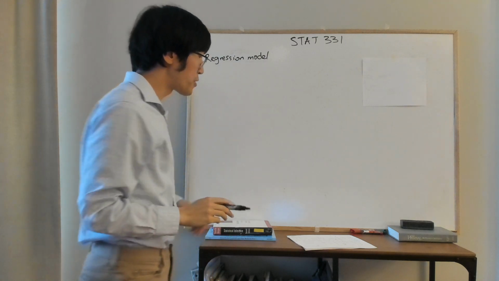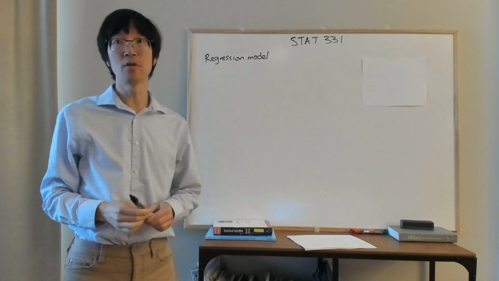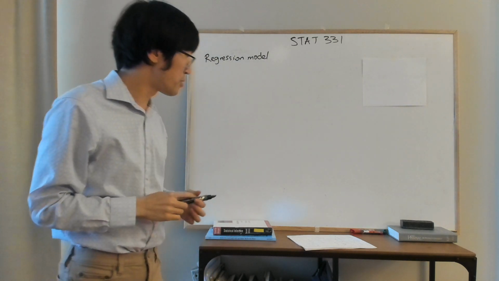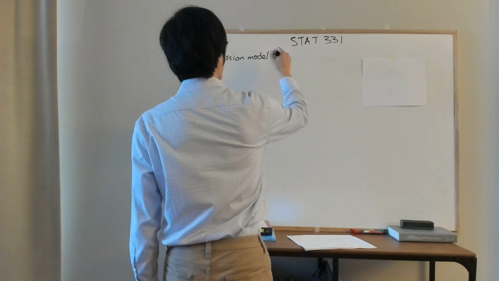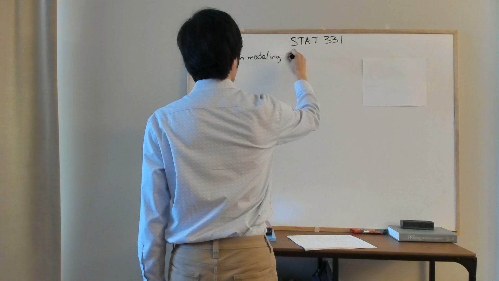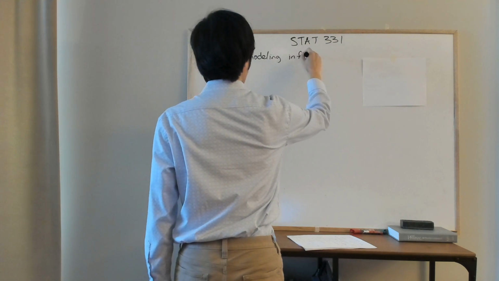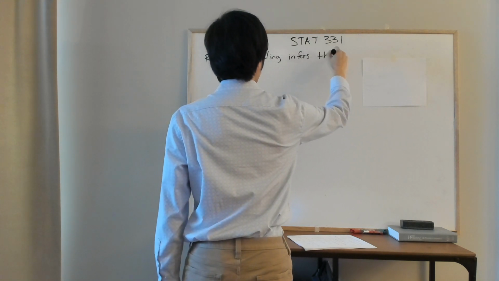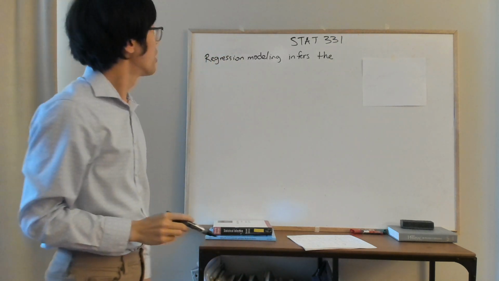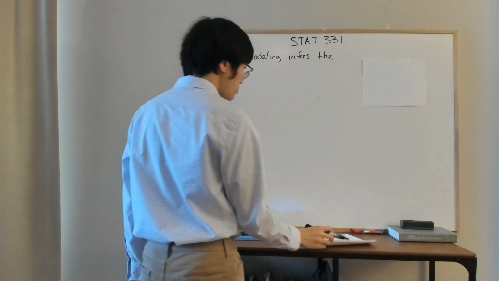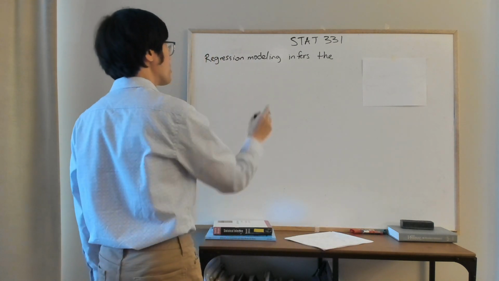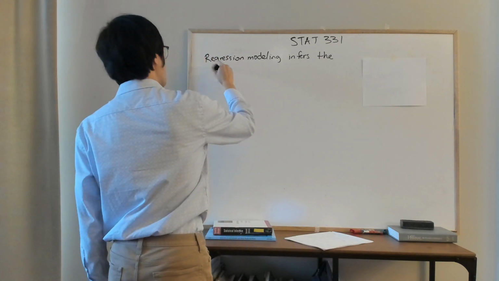When we build a regression model, the goal is to infer the relationship between multiple variables. So let's define the two key quantities here.